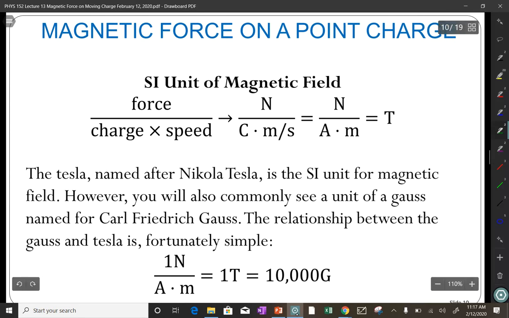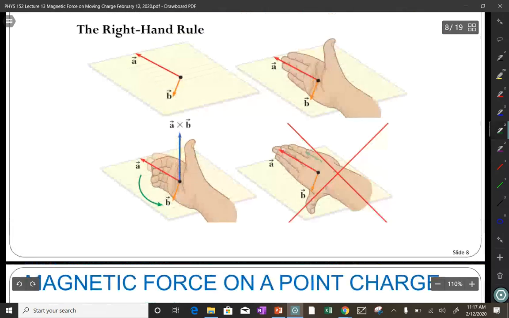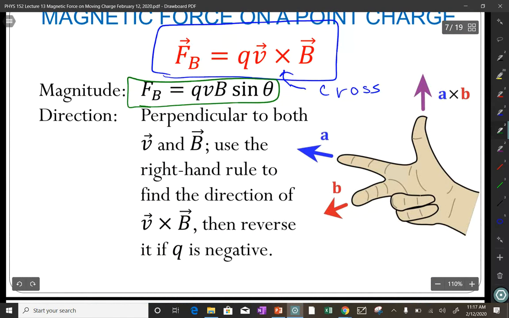Now the units for magnetic field. So B is magnetic field. It's a vector, so we have an arrow over it. If I solve the magnitude equation for magnetic field, I would have B equal to the magnetic force over QV sine theta.